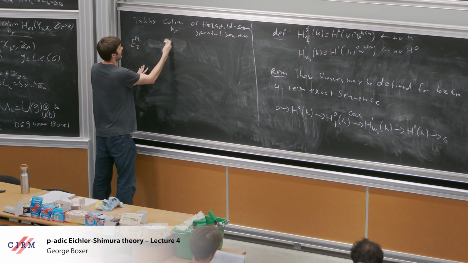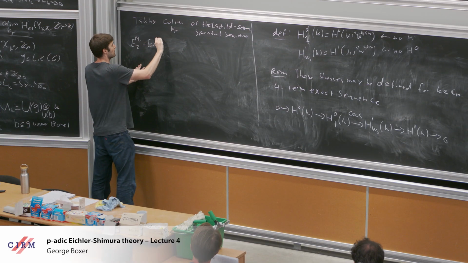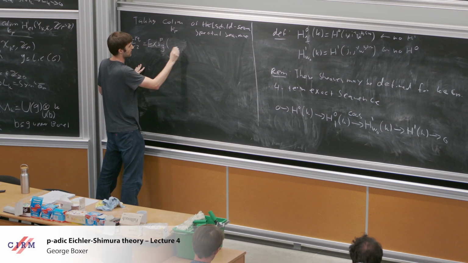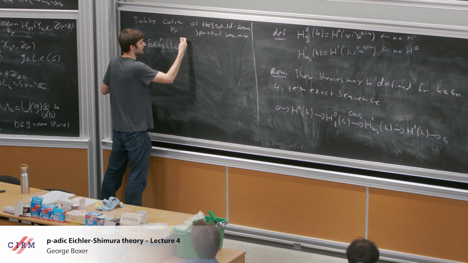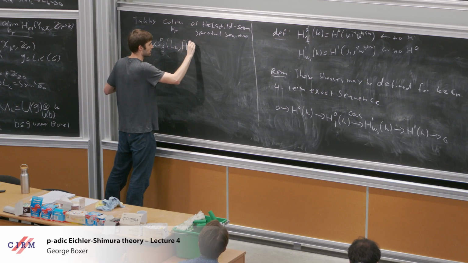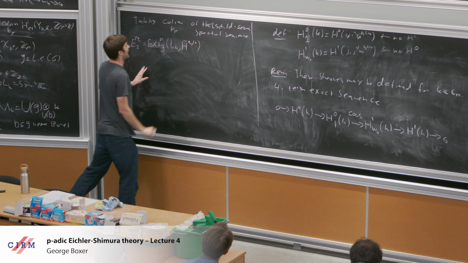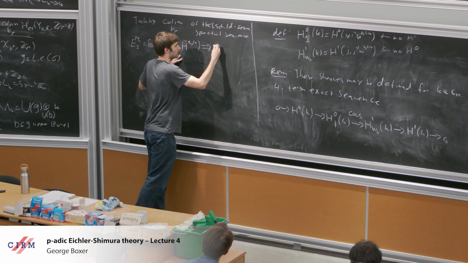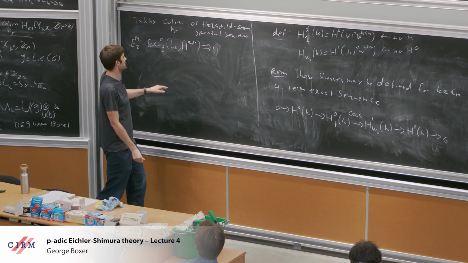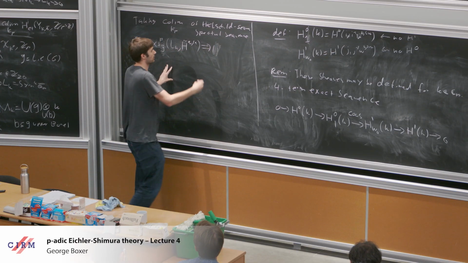So this should be Ext_p of G of this algebraic representation into H completed Q LA, and this will compute the colimit over Kp of the classical cohomology associated to this local system.